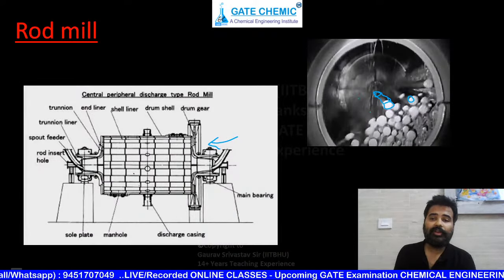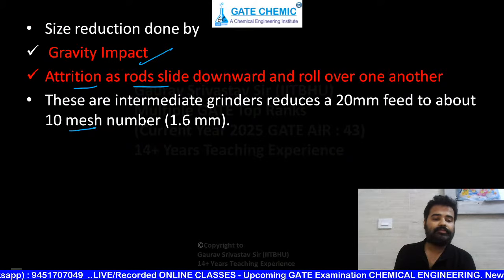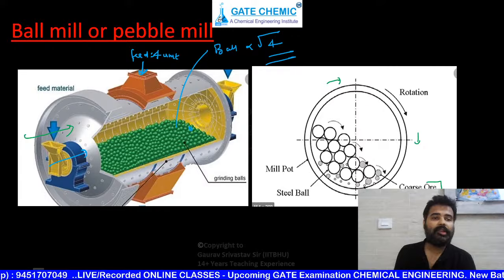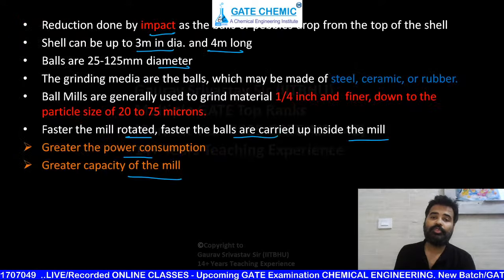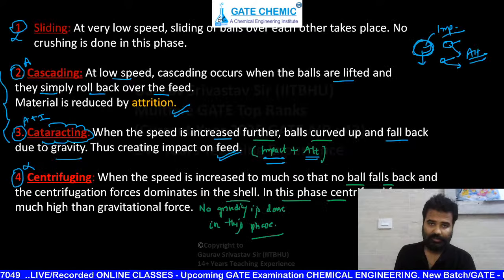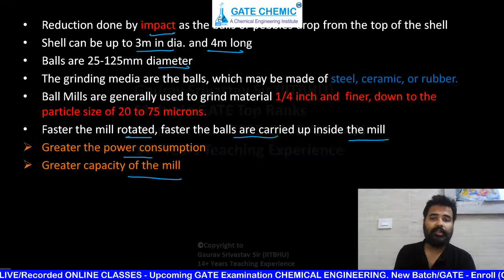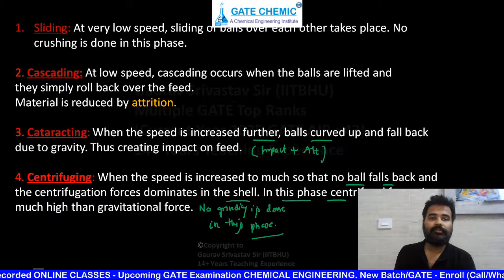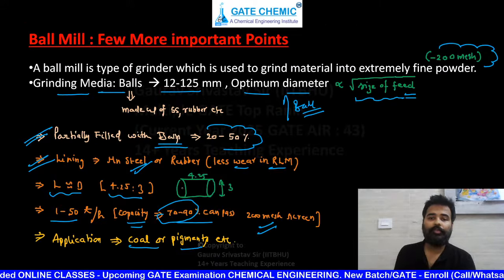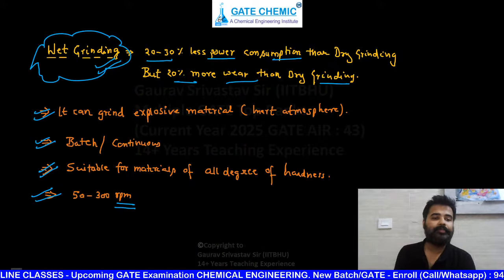In rod mill, rods are there. Ball mill size, how you are going to define? Size of ball is proportional to square root of size of product, sorry, its size of feed, not product, its size of feed.